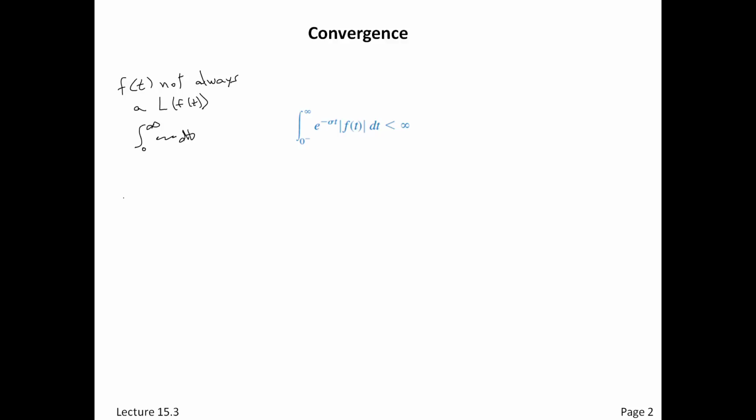And what's going on is we know, remember, S has two parts. S is sigma plus j omega. So when that gets plugged into our Laplace definition, we end up with the term e to the sigma t and e to the j omega t. But we know the magnitude of this term heads to 1 for any value of t.